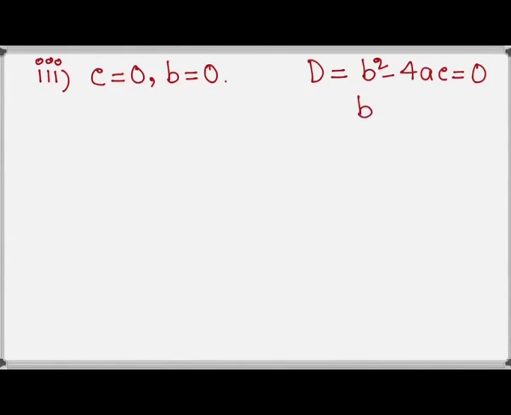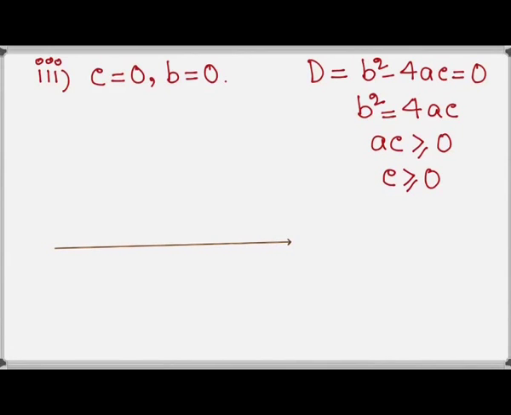Now our third subcase is c is equal to 0 and b is equal to 0. This is the last subcase in this case because D is equal to b square minus 4ac is equal to 0. That means b square is equal to 4ac. And since b square is always bigger than or equal to 0, we have ac is bigger than or equal to 0. And as a is always strictly bigger than 0, we get that c is bigger than or equal to 0.